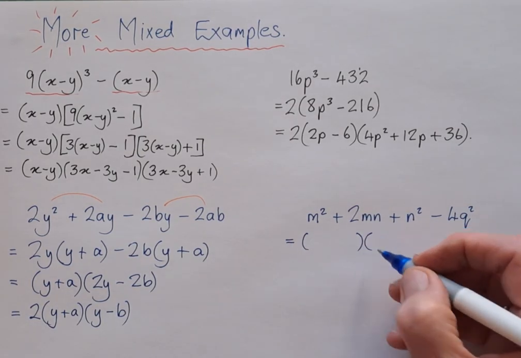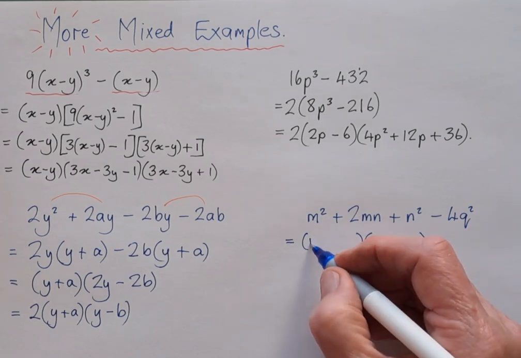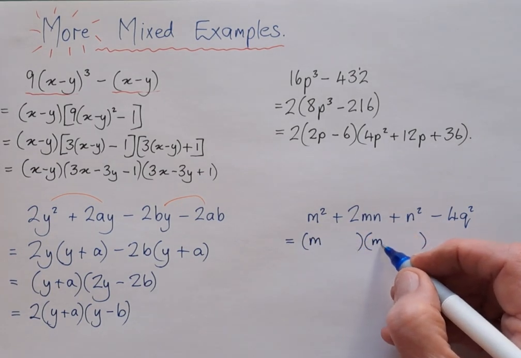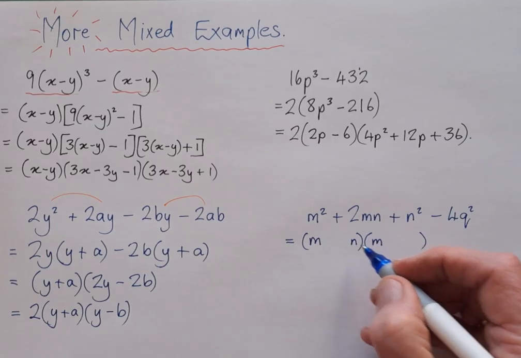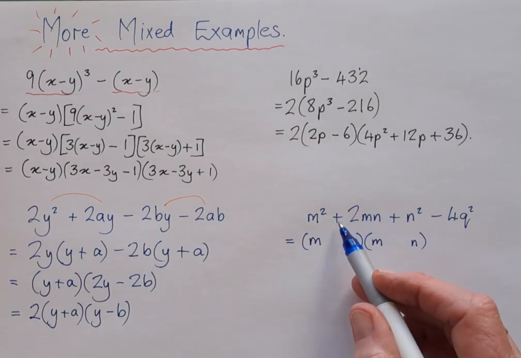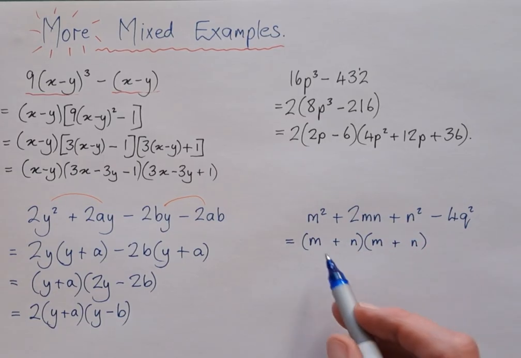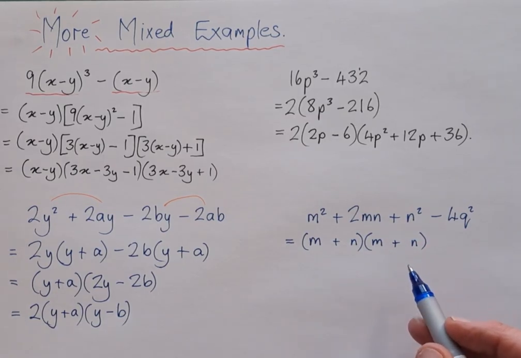So I know my trinomial is going to give me 2 brackets. M squared is going to give me m times m, n squared, n times n. The signs in the brackets are the same, and they're both positive. So look what's happened. I've ended up with 2 brackets that are identical.